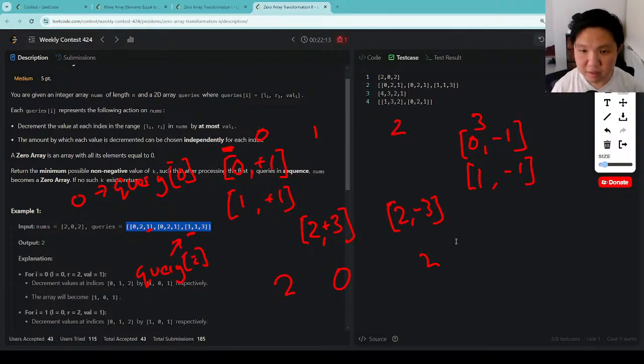I got some weird bug. I need to debug a little bit. It's like one of those weird positional bugs. So index 6. Still wrong. What's wrong?